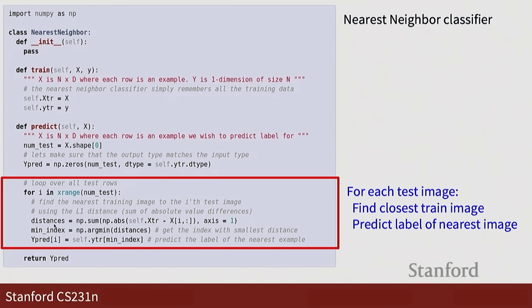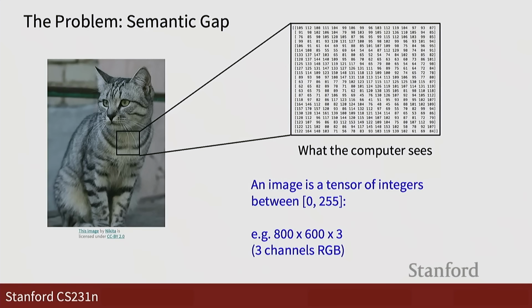We calculate the distances between each of the testing samples and the training data, take the minimum for each of the testing samples, and then output the label for the one with the minimum index. So this is going to be the implementation for the predict function. Yeah, the pixel values, as I explained, the simplest form.